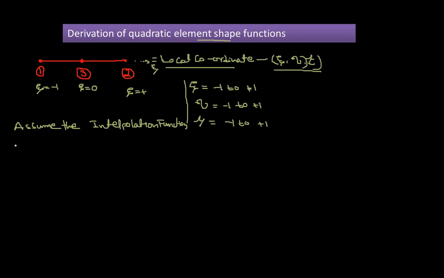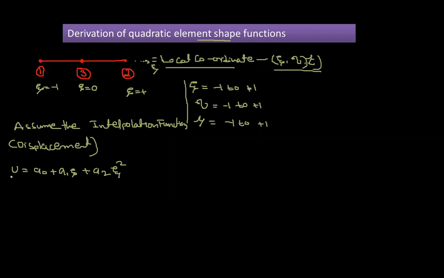So let us assume the displacement interpolation function. Let u be the displacement, and we can assume it is equal to a0 plus a1 into zeta plus a2 into zeta square. Because it has three nodal points, we take a 2-degree equation.